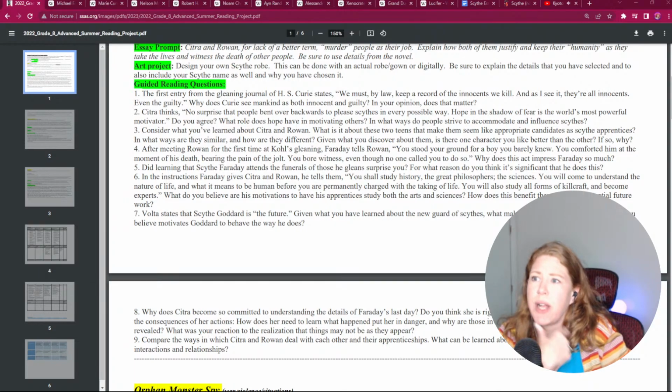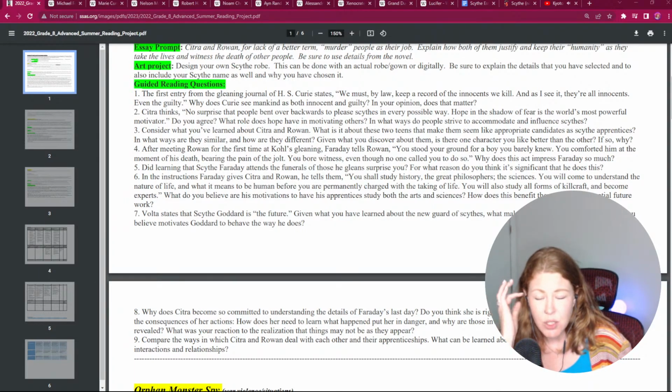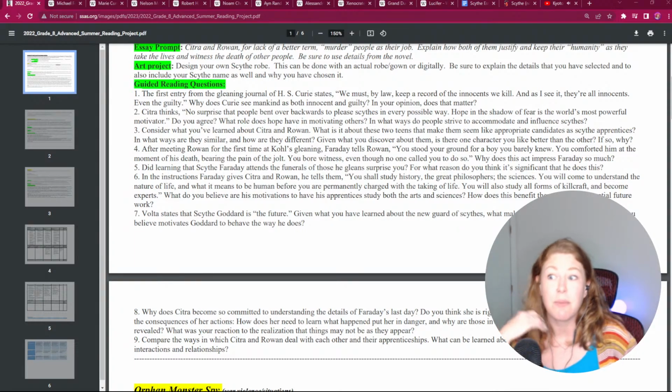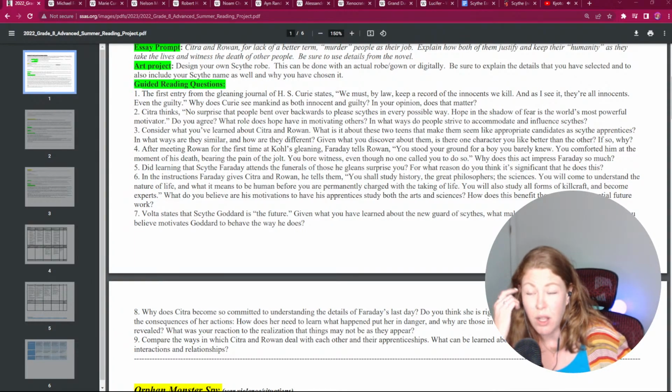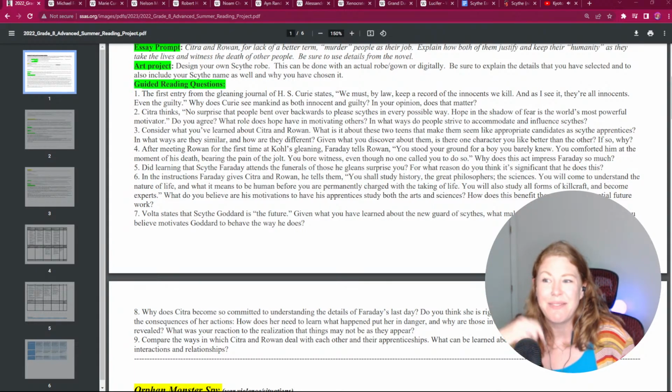In what ways do people strive to accommodate and influence the Scythes? This one's, I mean, you can pull out copious examples from the book, but, you know, like by giving them food, right? Goddard gets all of this food catered for his parties. The businessman gives Goddard his house in the hope that he won't be gleaned if he refuses.